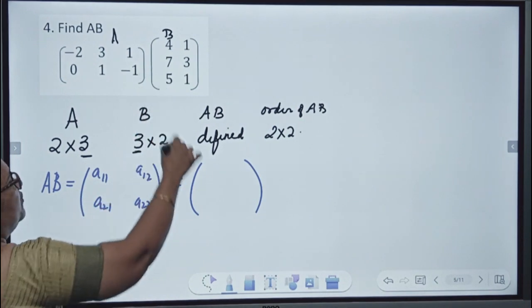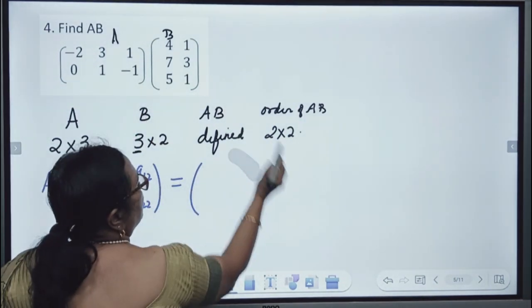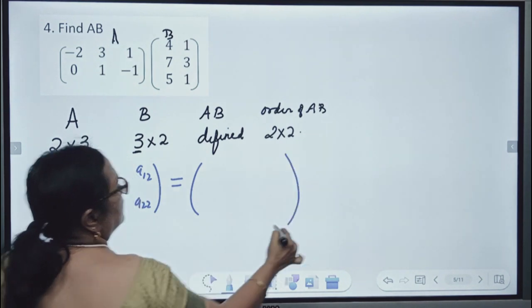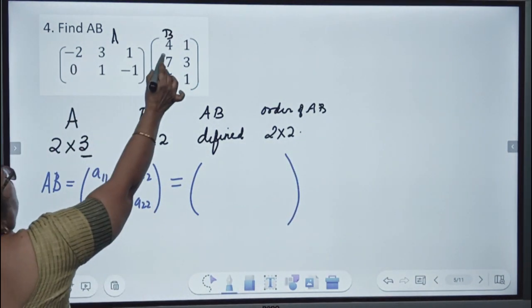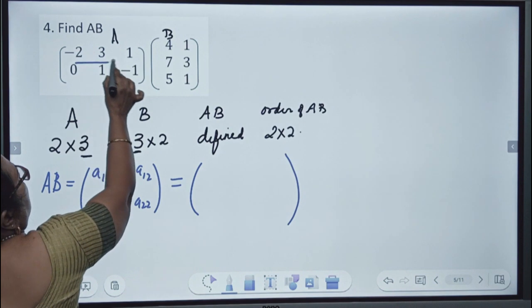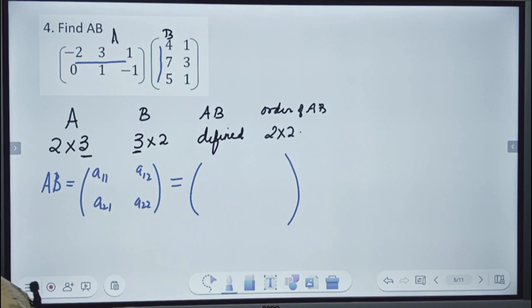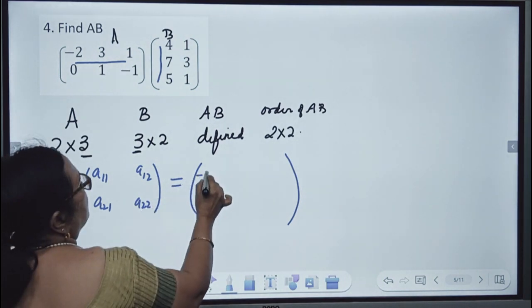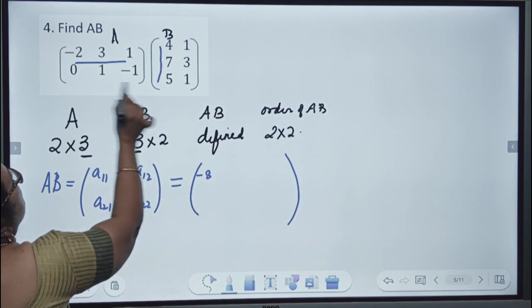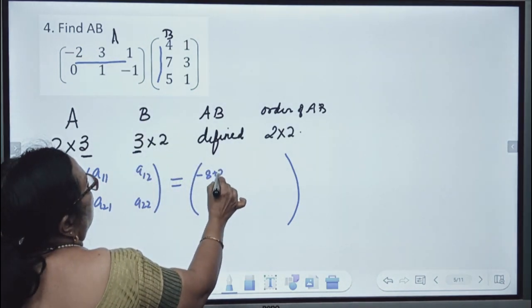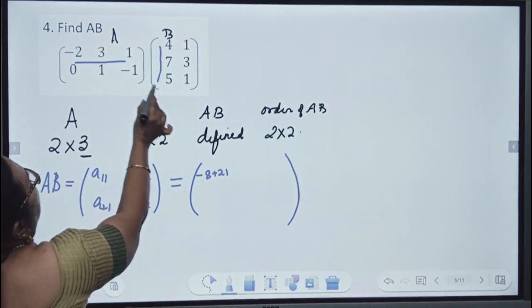first row and first column. So what will that be?